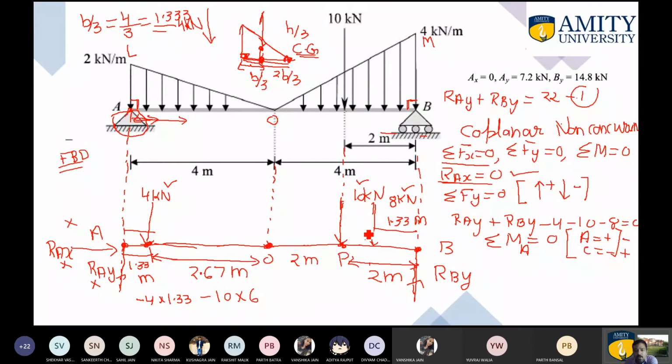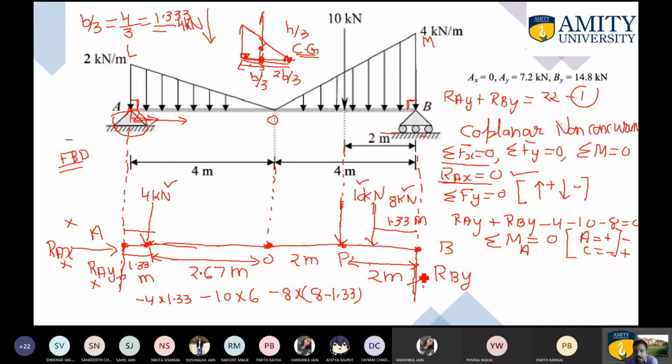And this particular distance you are required to calculate. So the total is 4, so this will be 2.67. So it will come out as minus, force is 8. The perpendicular distance will be, I am just subtracting 1.33 from 8. So 8 minus 1.33 is the perpendicular distance.